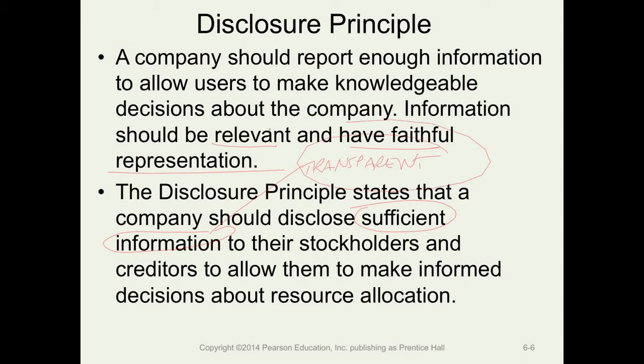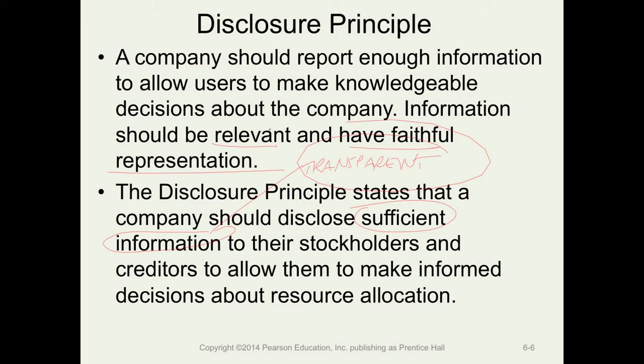It must be transparent, enabling users, investors, creditors, stockholders, labor unions. We mentioned all of the wide spectrum of financial statement users earlier in the course, enabling them to make rational economic decisions to allocate resources to their most productive uses.